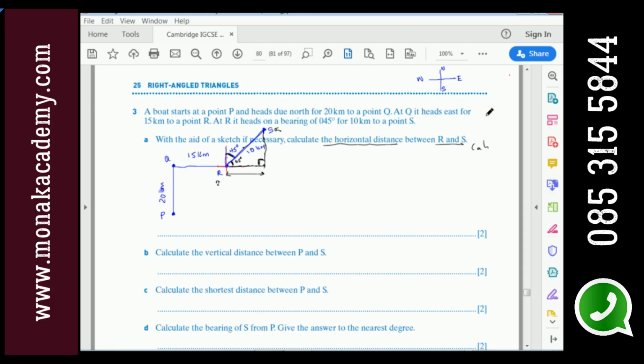All right, so cos 45 equals adjacent over hypotenuse.